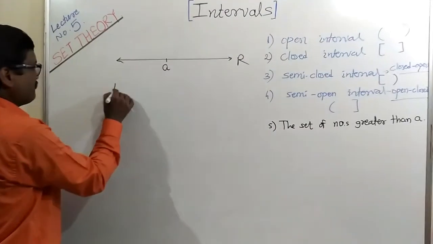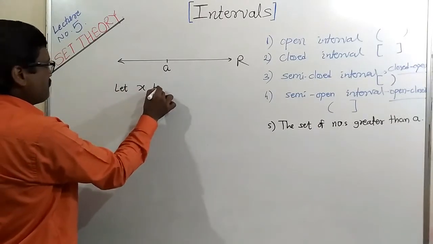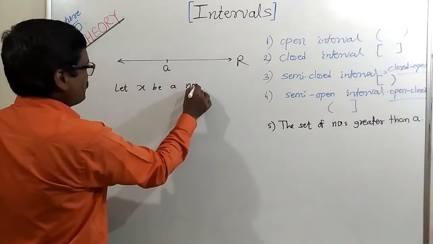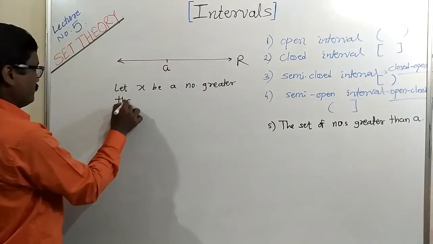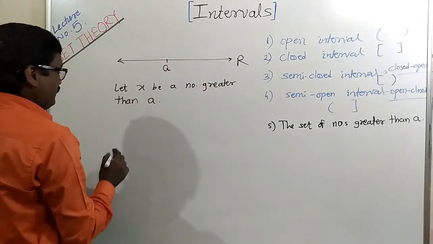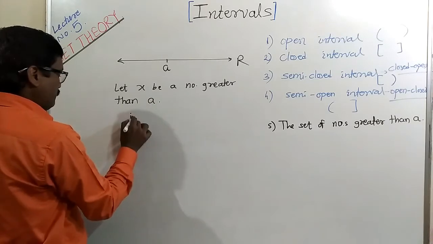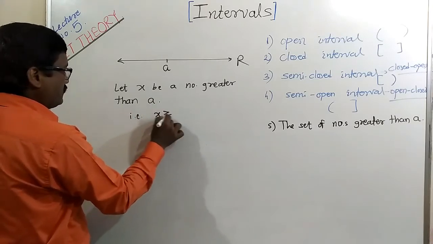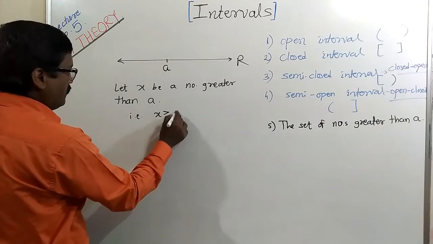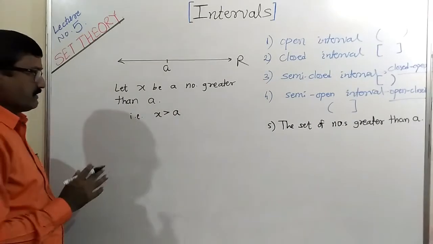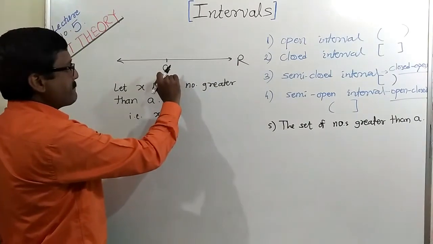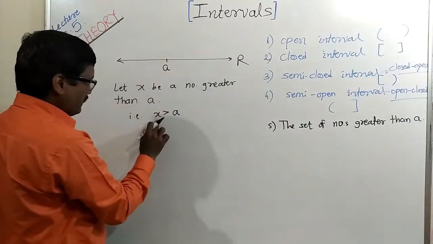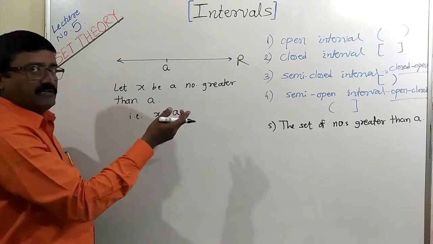Let x be a number greater than A, that is, x is greater than A. x is always greater than A. As x is greater than A, obviously x is to the right of this A. But x is not equal to A because it is greater than.